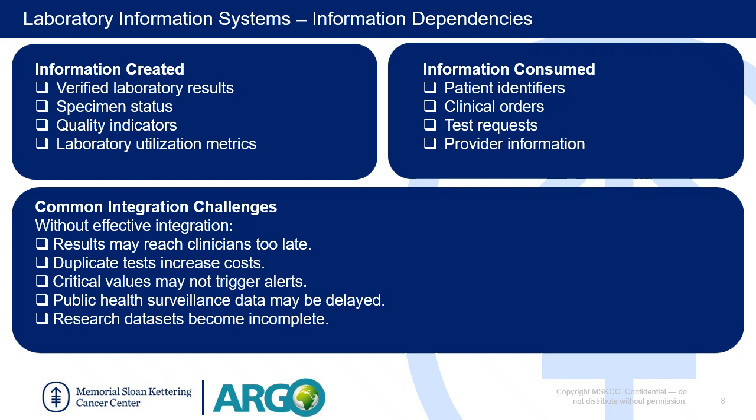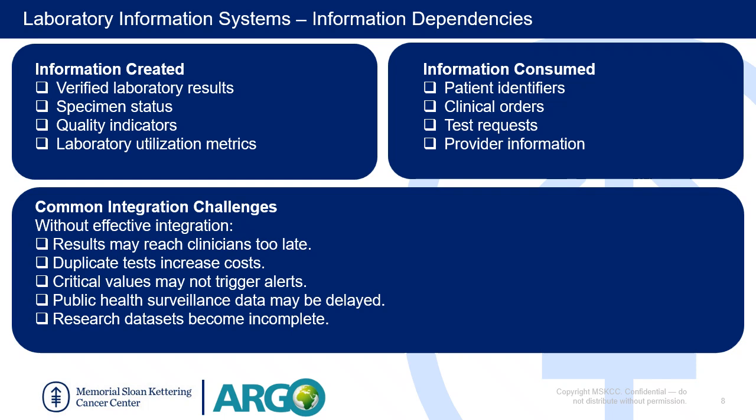Now we should point out that without effective integration, in other words, without efficient architecting of the health systems, the results may reach clinicians too late. There may be duplicate tests, which obviously, because the patient needs to pay for it, would increase costs.